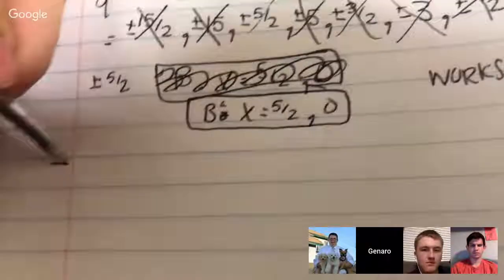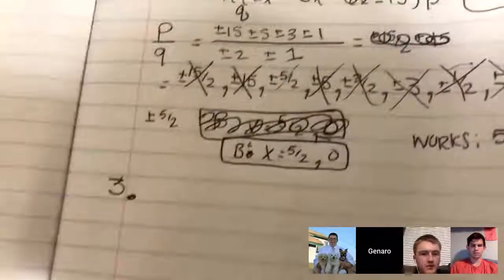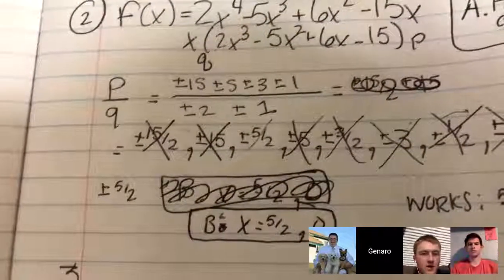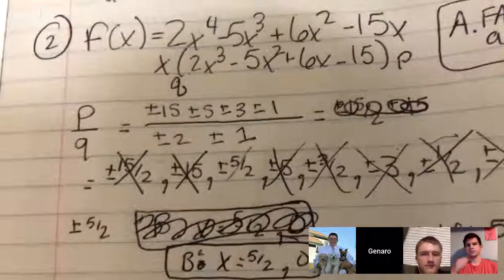So number 3. Explain a difference if there is one between x-intercepts, roots, zeros, and factors. You may use definitions, examples, graphs in your explanation. So my opinion, I thought they're all the same.